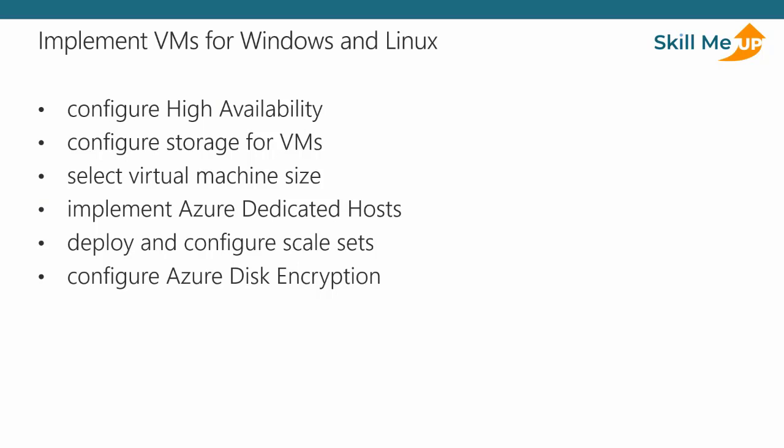Okay. So there's lots of stuff around the sizing. You just need to understand the idea behind the sizing. You don't have to memorize what a D2S V2 actually is. You don't need to memorize how many CPUs and how much RAM it has. You need to understand that as you go up in the numbers from D2 to D4 to D8, you're increasing the number of CPUs that are available as well as the amount of RAM, and you need to understand the different general families.